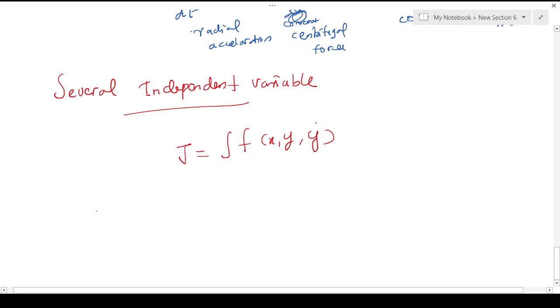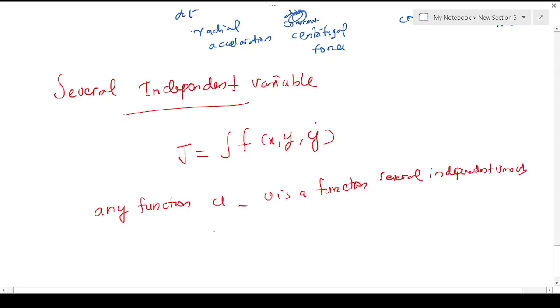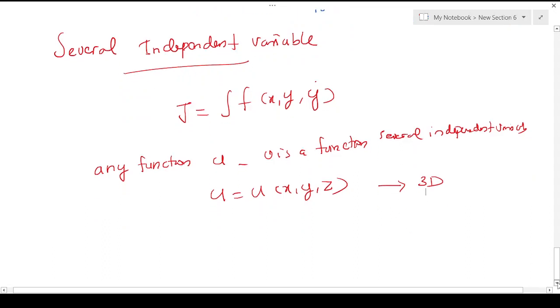But if you consider any function u, and u is a function of several independent variables, for example u equal to u(x, y, z), where x, y, z are three independent variables. This is a representation of a three-dimensional structure.